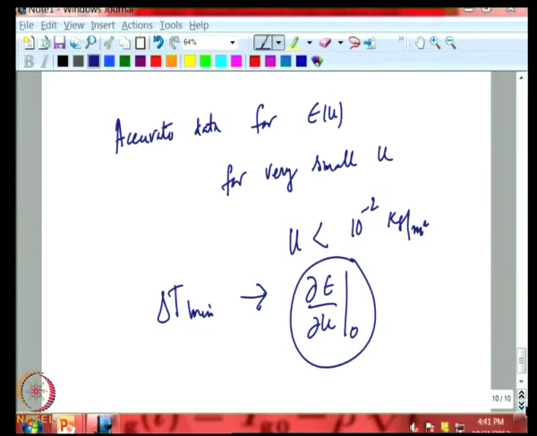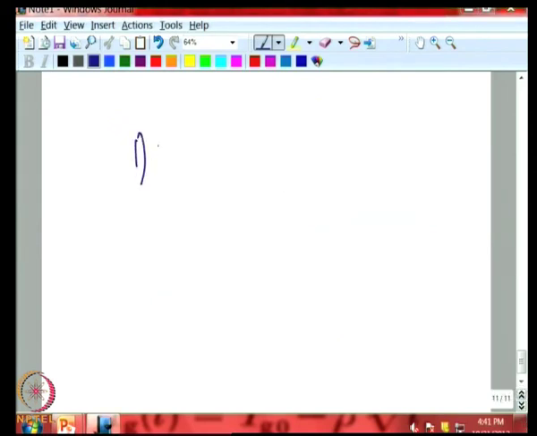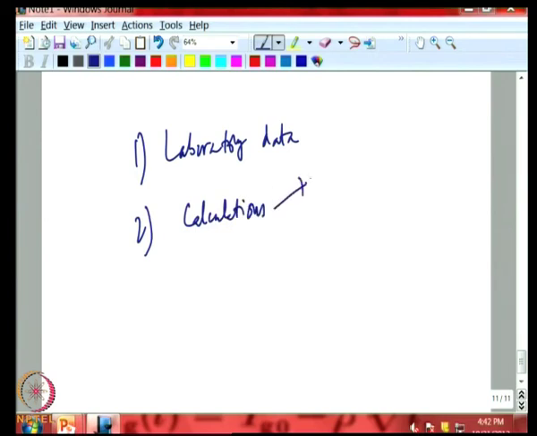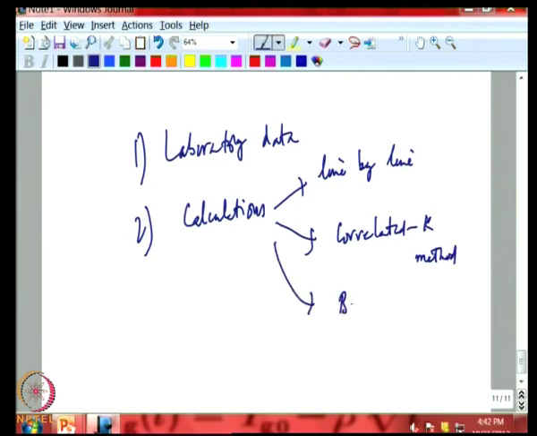And today, of course, either we can depend on laboratory data, which is not easily available because it requires very tedious measurements of emissivity over various path lengths, and secondly is calculations, and these calculations can be from line by line codes or can be from the correlated K method we discussed in the last lecture, or band absorbance models.